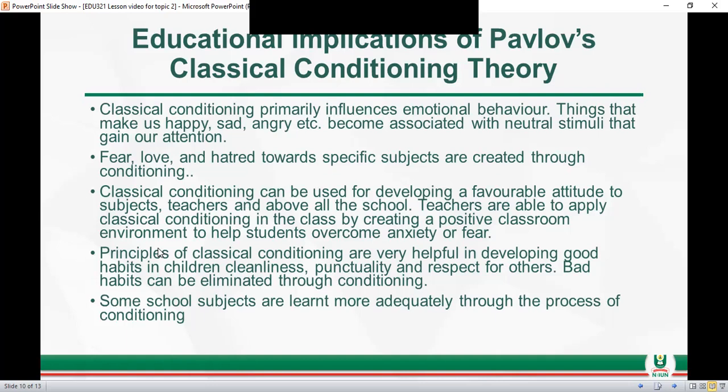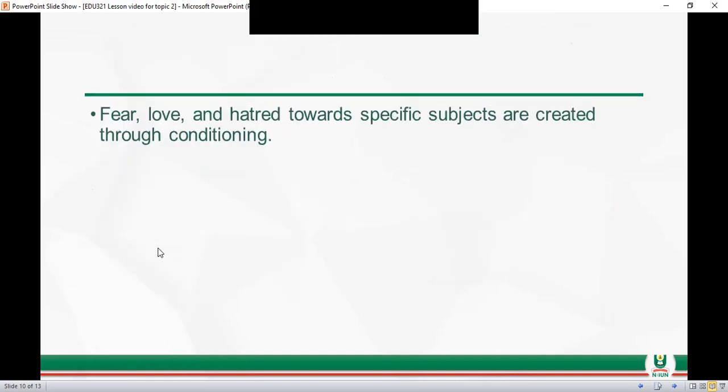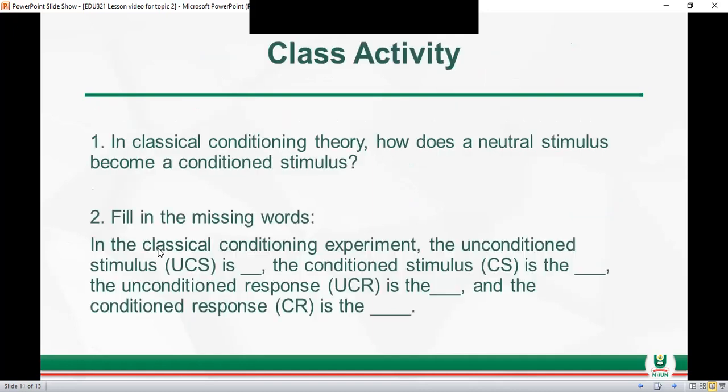Okay, let me leave you with this class activity. In classical conditioning theory, how does a neutral stimulus become a conditioned stimulus? Then fill in the missing words.